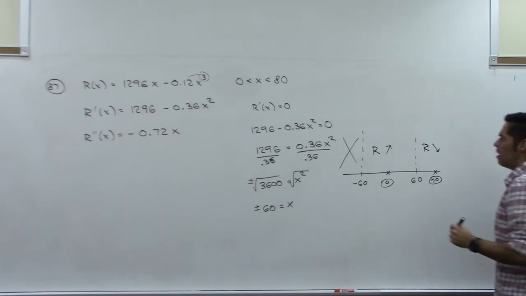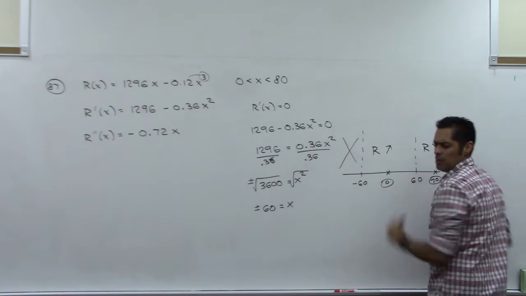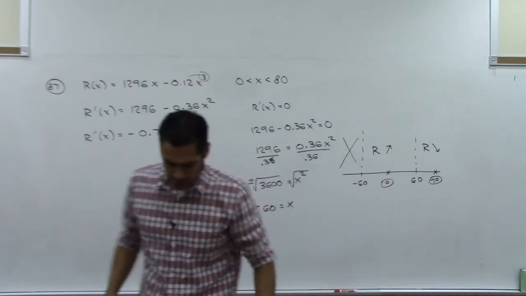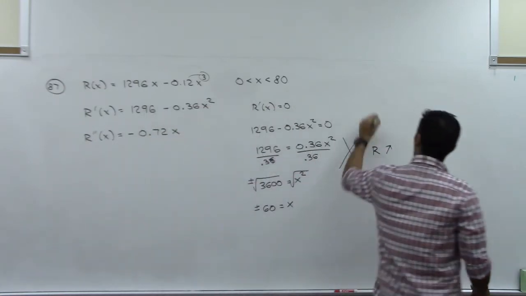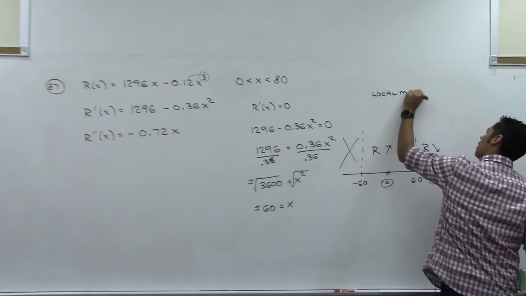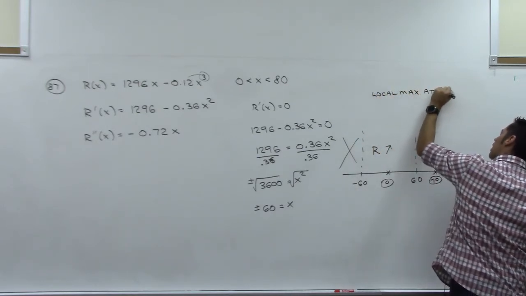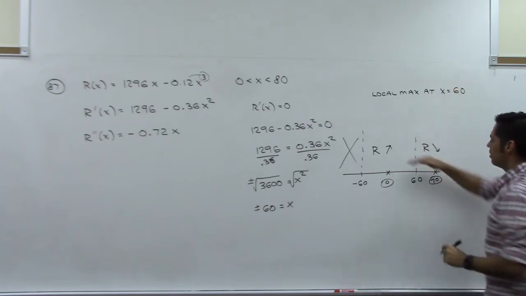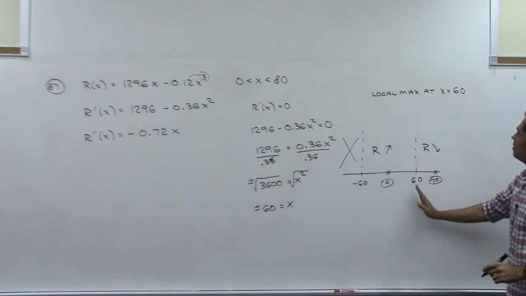Right, so what I have is, well, do they ask for local extreme? Yeah, they want the local extreme of the function. I have a local max at x equals 60 because it goes up and then down. That happens at 60.